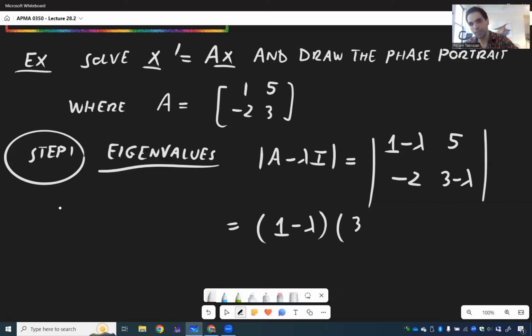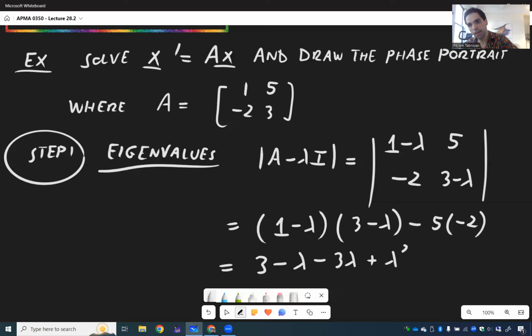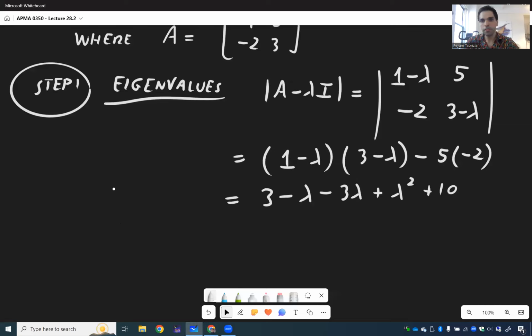So (1 minus lambda) times (3 minus lambda) minus 5 times minus 2. And that becomes 3 minus lambda minus 3 lambda plus lambda squared plus 10. And that becomes lambda squared minus 4 lambda plus 13.